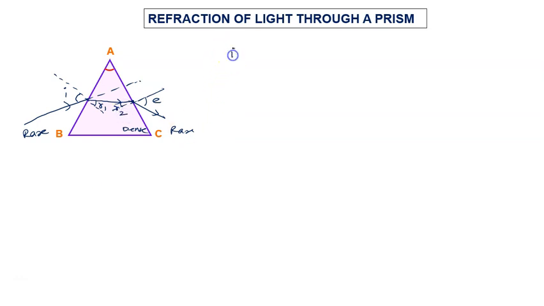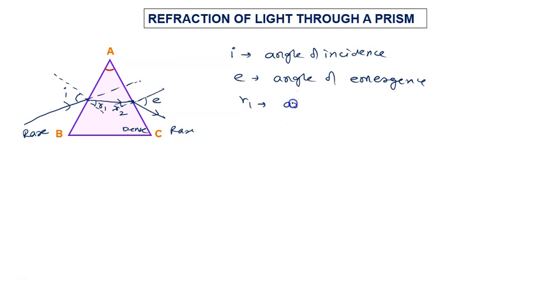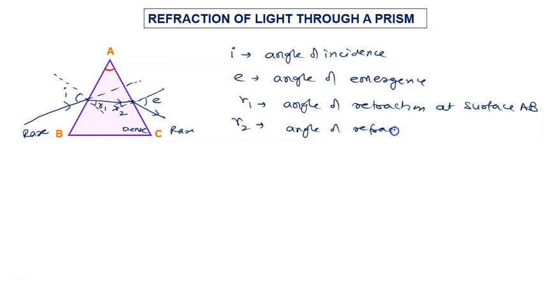So we will say I is the angle of incidence, angle E is the angle of emergence, R1 is the angle of refraction at the first surface, and this surface is AB, R2 is the angle of refraction at the second surface, and that surface is AC.